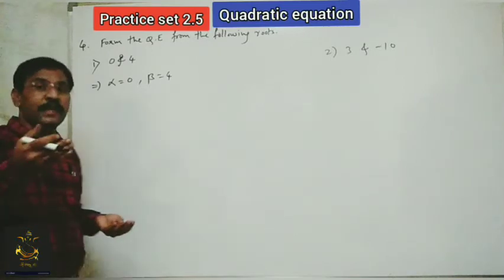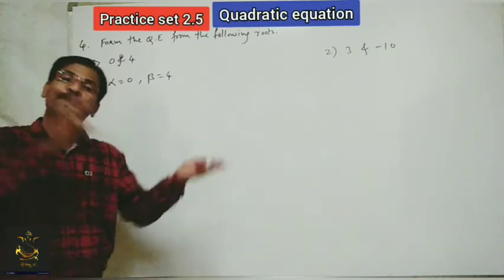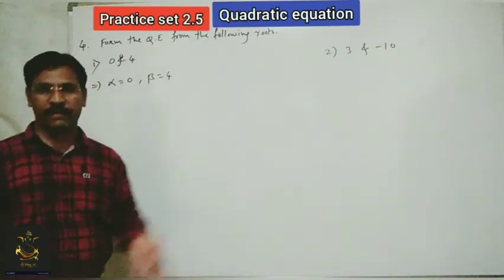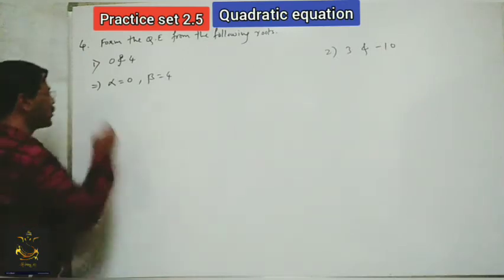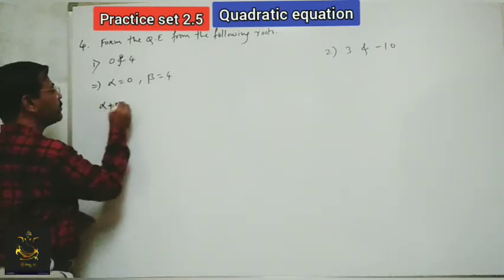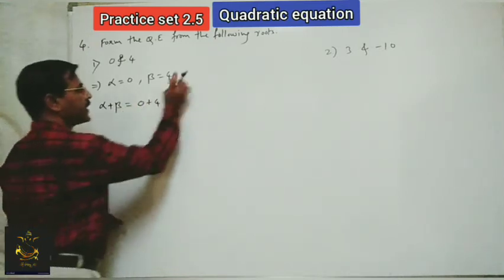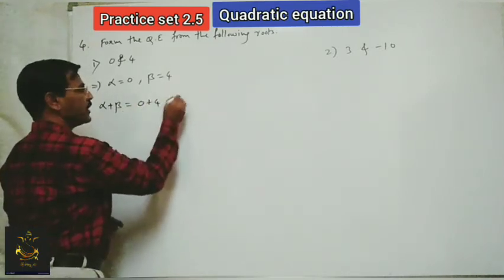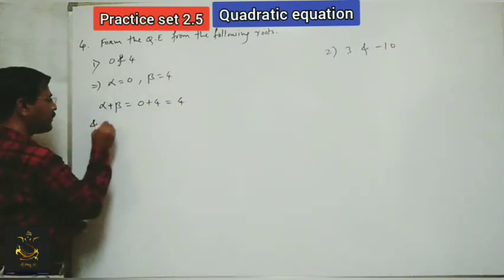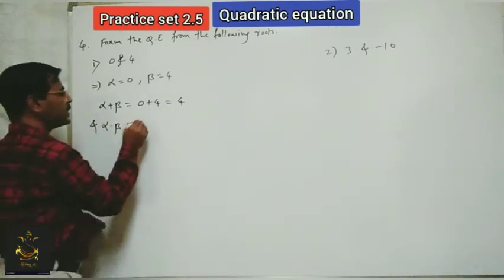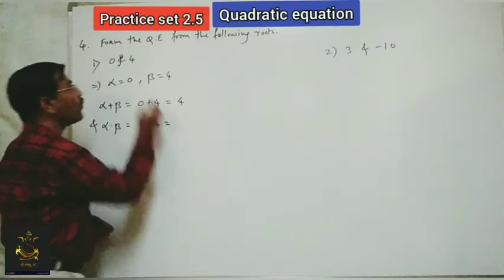Now we need alpha plus beta and alpha into beta to form the quadratic equation. Okay, means what? Alpha plus beta, just by adding 0 plus 4, that is 4 only. And what about alpha into beta? This is 0 into 4.